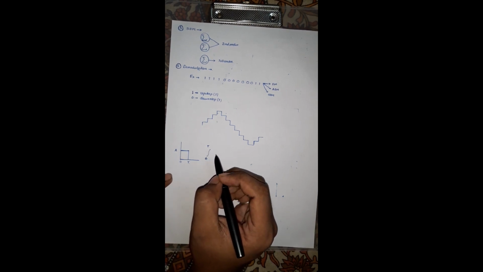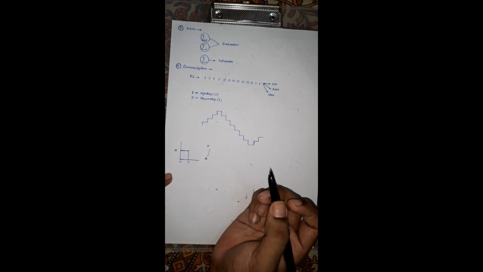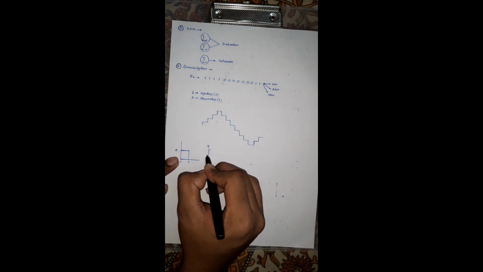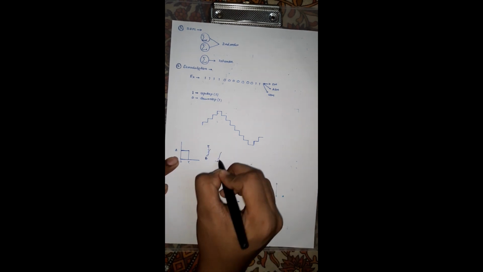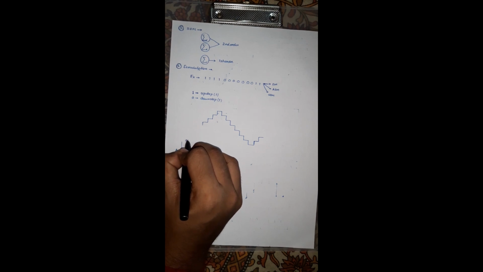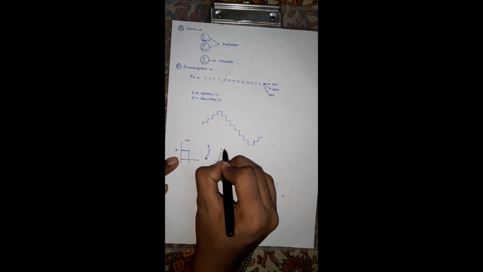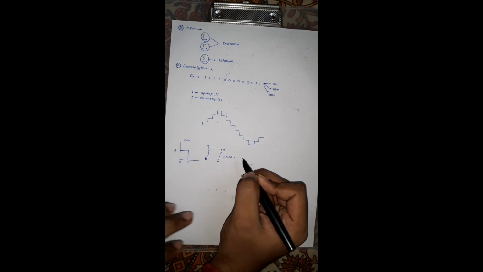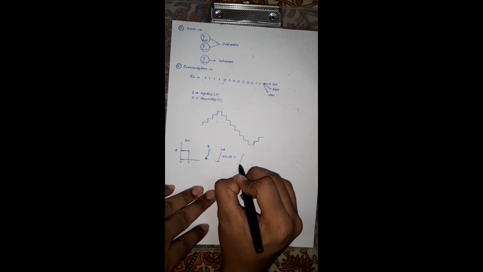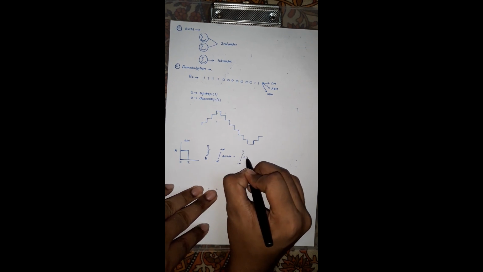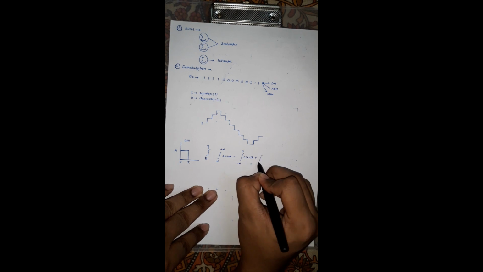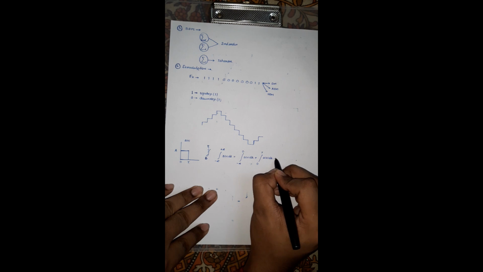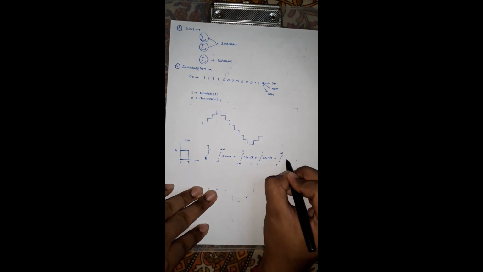Actually the integration is done from minus infinity to plus infinity. I am integrating this signal from minus infinity to plus infinity, and I am just dividing this integral into 3 parts: minus infinity to 0, 0 to T, and then T to infinity.